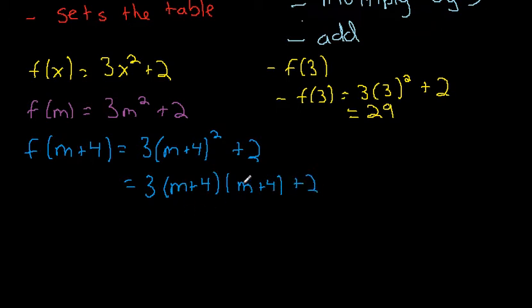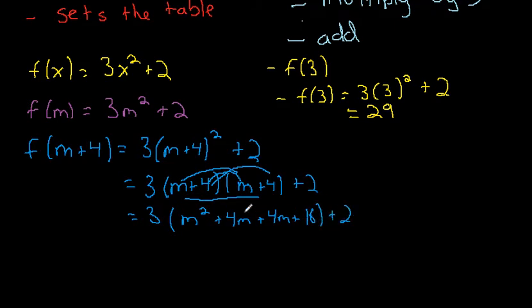We would have to FOIL this. So we would get 3 times m squared. Plus 4m plus 4m plus 16, plus 2. We then must distribute the 3.